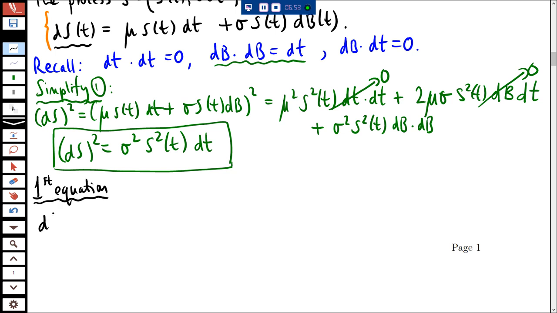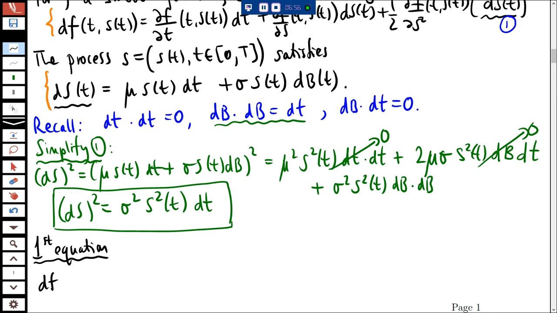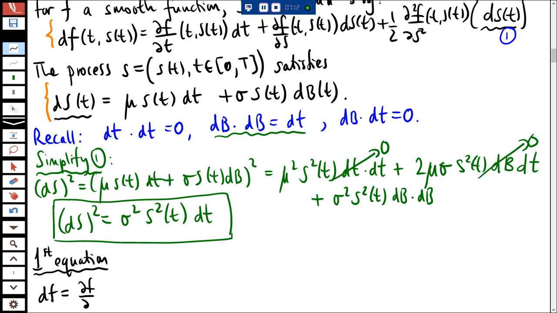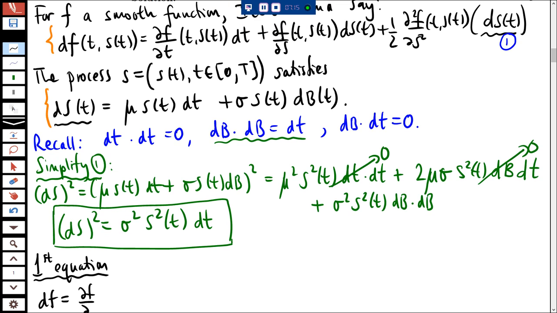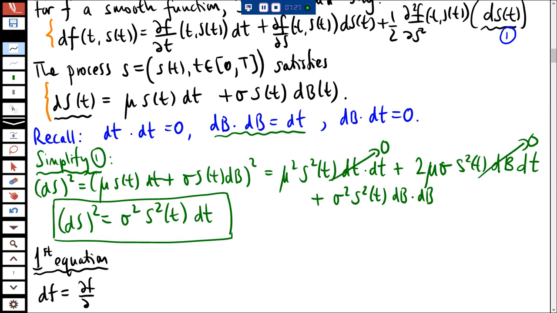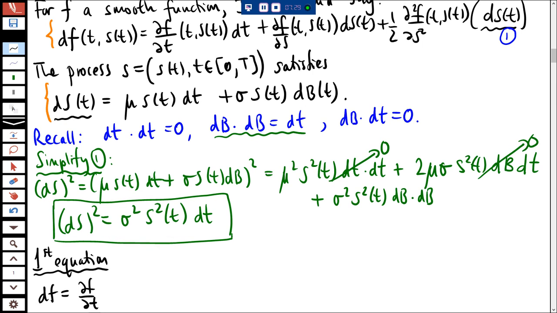So if we drop it into the first equation, let's get them both on the screen. So df is equal to the partial derivative. Okay, so df dt, just wondering whether to write all the arguments because it's going to get quite long.